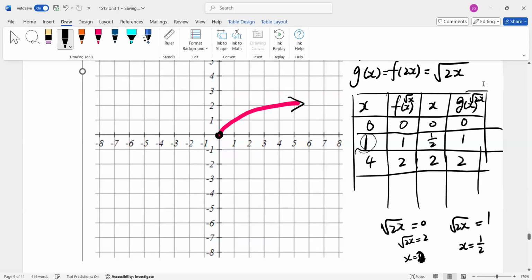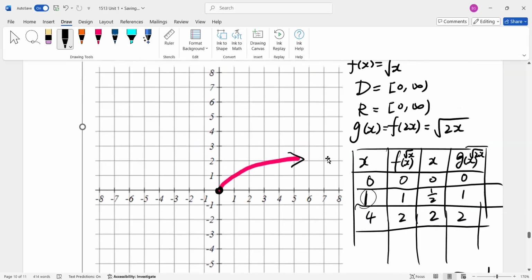So in order for the input, which is 2x, to assume the same value as the mother function, x has to be half as large. Half of 0 is still 0, half of 1 is a half, half of 4 is 2.